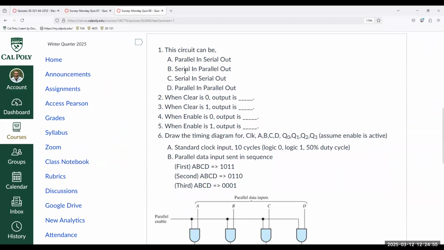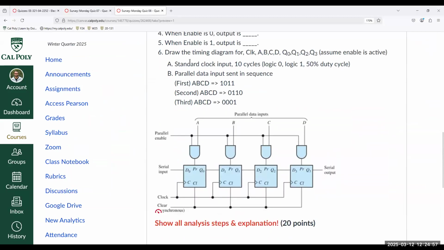All of them, absolutely, and I stated this in class. We could have parallel inputs, parallel outputs. All you have to do is take Q0 to Q3 out in parallel. You might need to add a few more gates perhaps to control the output. But if you take all the outputs at the same time, that's parallel output. So there's serial in, serial out, parallel in, parallel out, and the other 2 combinations also. So it can function like all of them. That's the right answer.